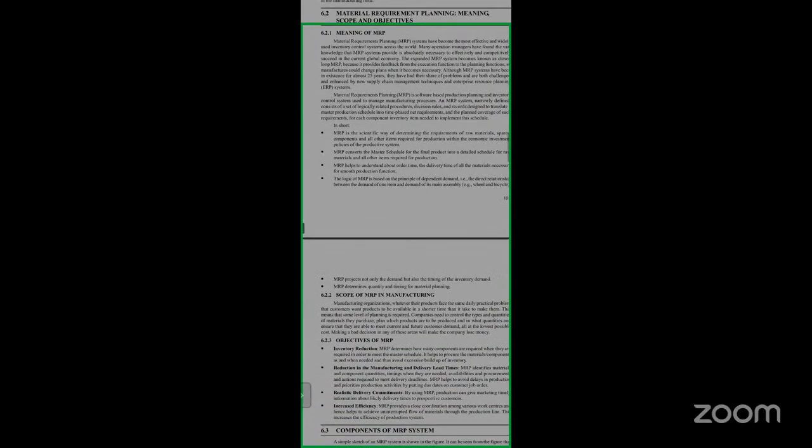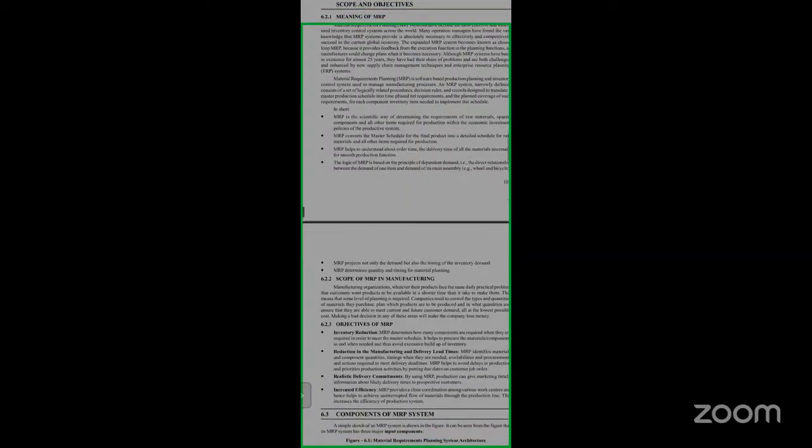MRP projects not only demand but also the timing of inventory demand, because it's very important. When you are into production of some products, manufacturing, the timing is very important. If the raw material is not delivered on time, then it's going to be a loss.